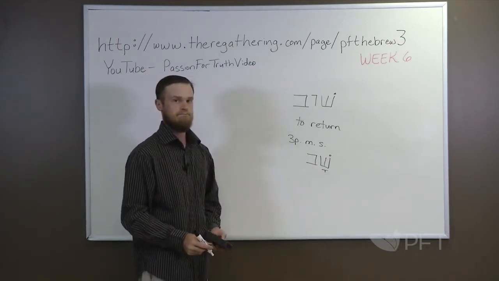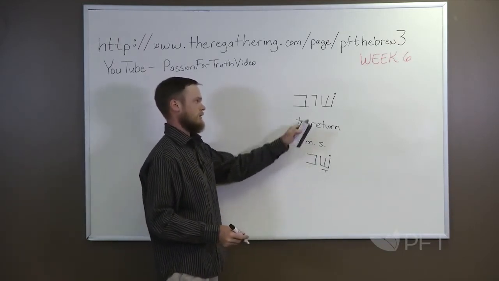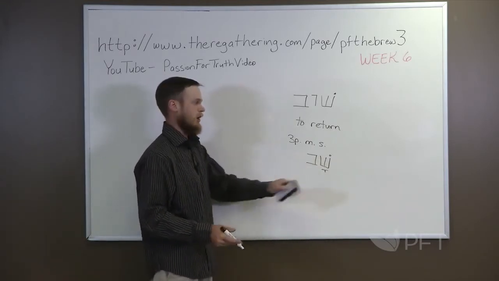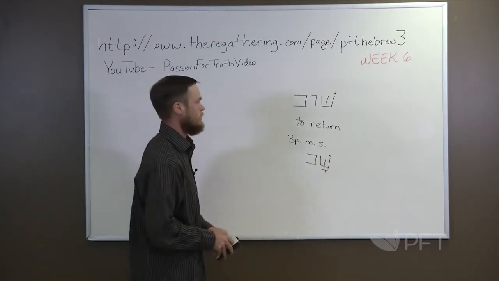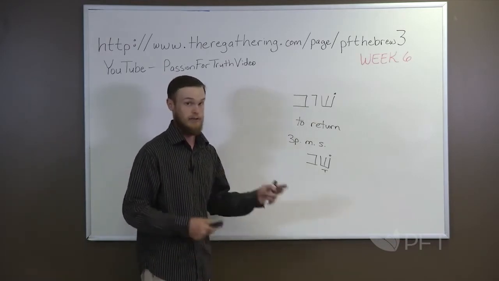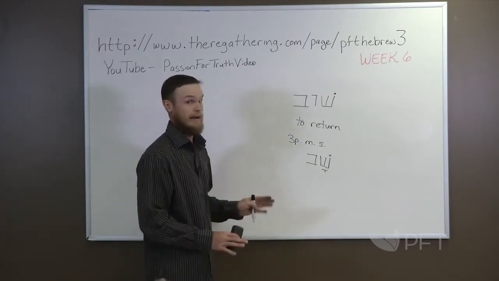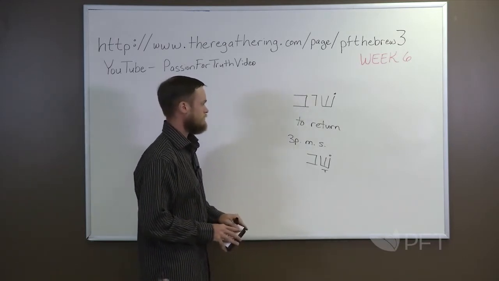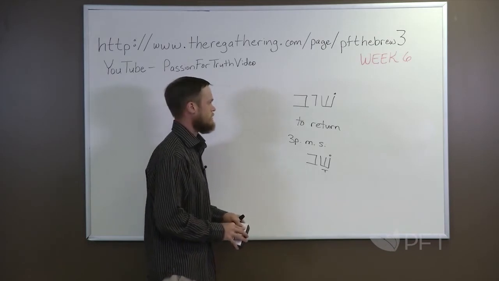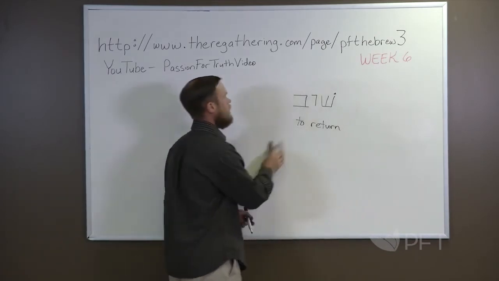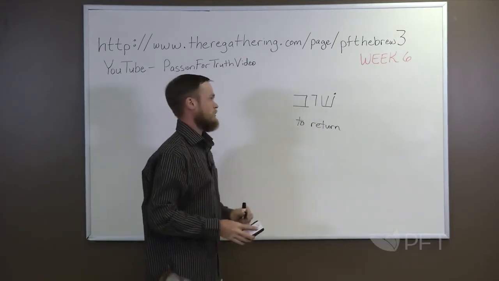Okay? So past tense, third person masculine singular, conjugation of to return is shav. He returned is shav. All right? And if you want to go further with that and just write out the different conjugations, attach the corresponding pronouns, that would be a great exercise for remembering how this all works and kind of getting into the swing of things.